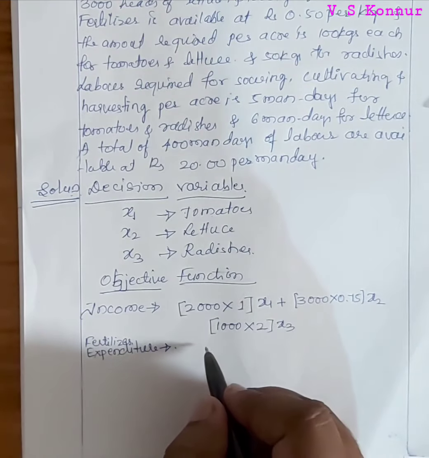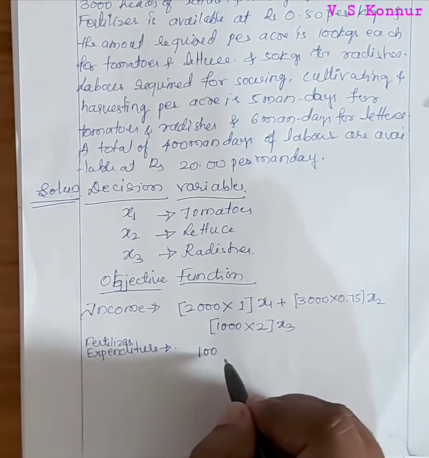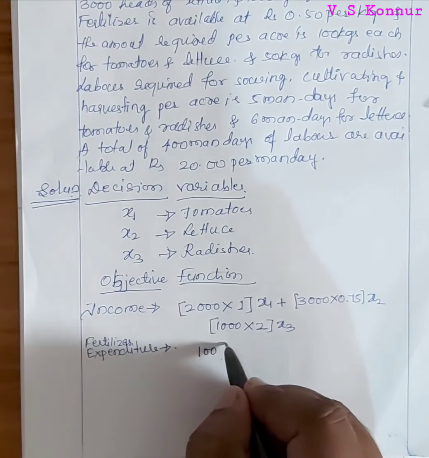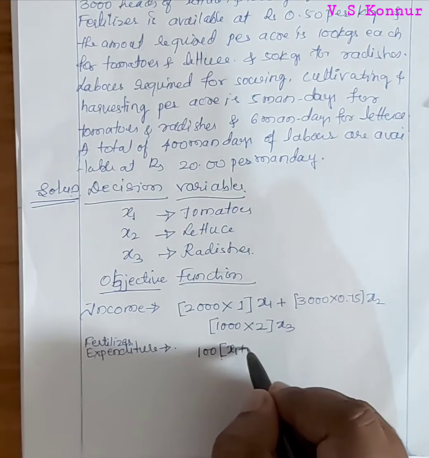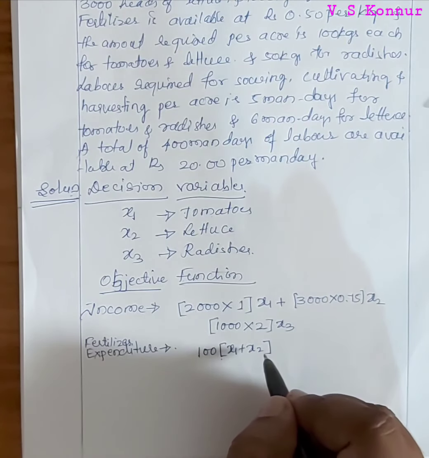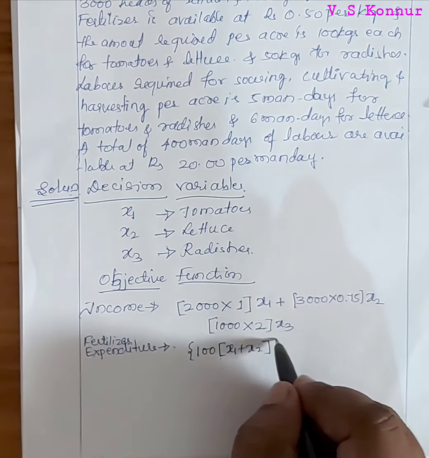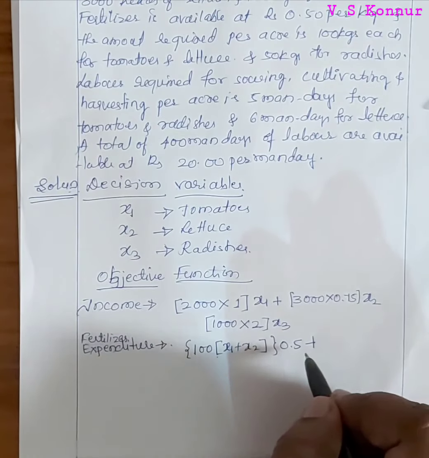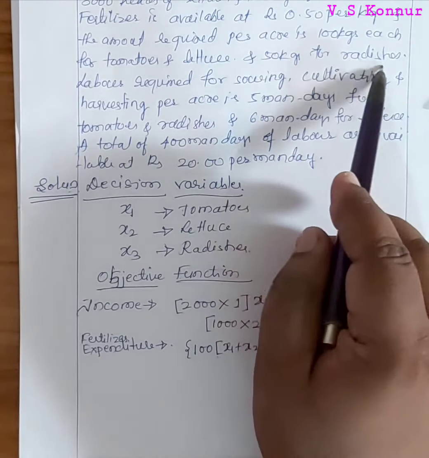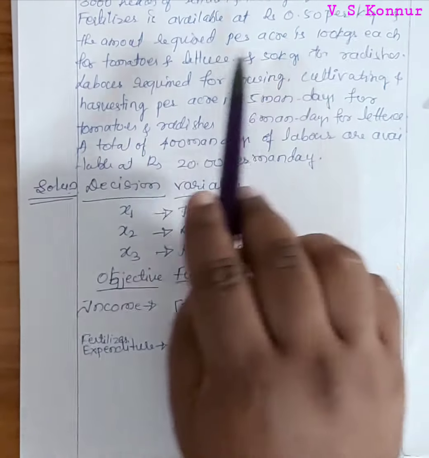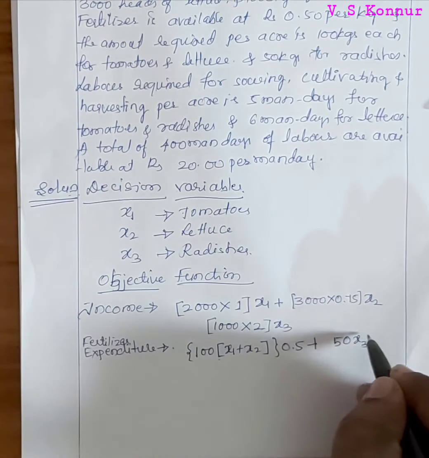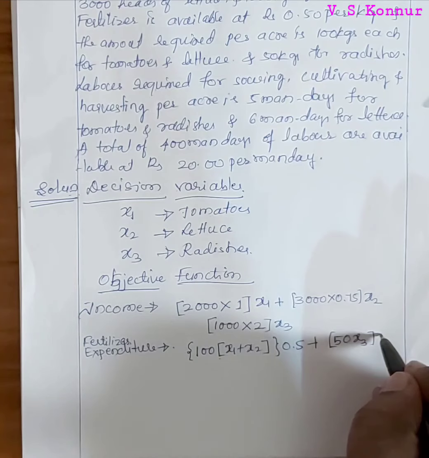So we'll write 100 kgs for tomatoes and lettuce, and it costs 0.5 per kg, plus 50 kgs for radishes, at 0.5.